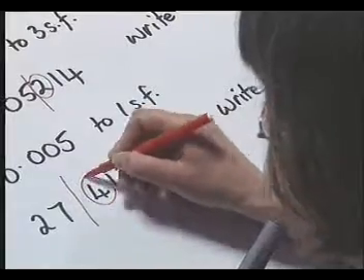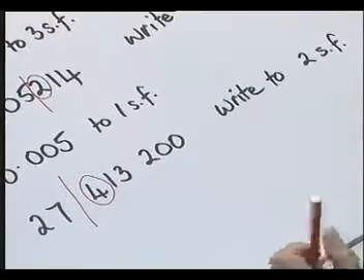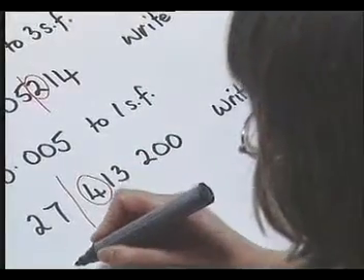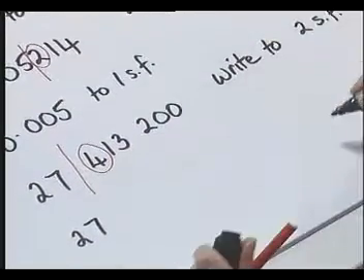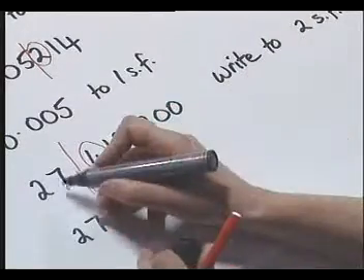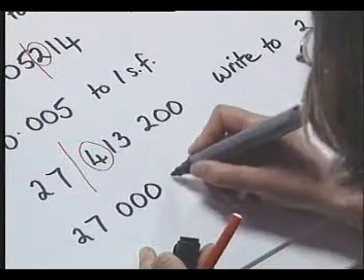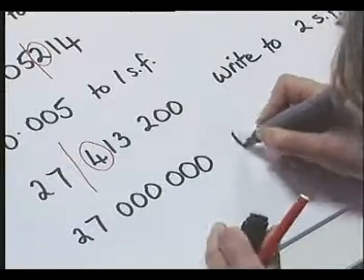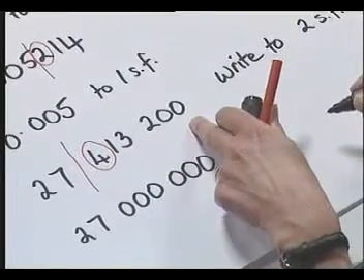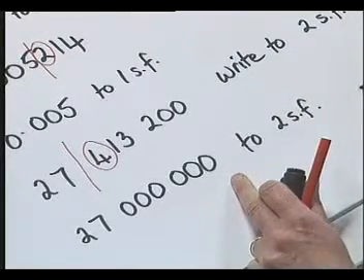So this is the digit I need to look at to see if it has any effect on this digit. It's a 4, so that means it's not going to have an effect. So to 2 significant figures, I want the 2 and the 7, but to hold the place value of the fact that this is 27 million, I need to put zeros in all the other columns. So 27,413,200 to 2 significant figures is 27 million.